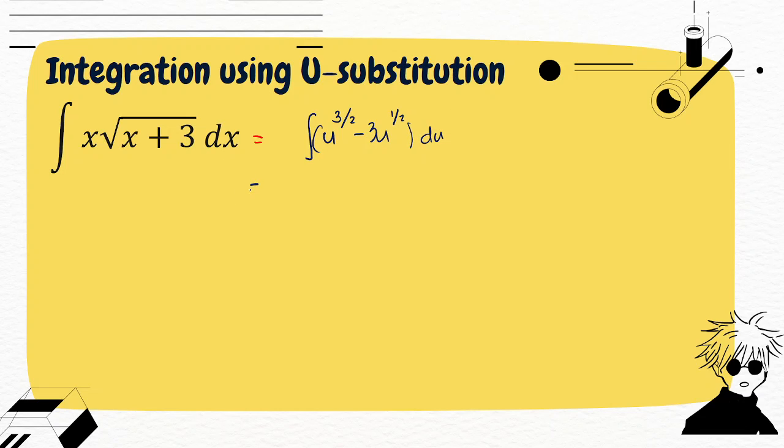Okay? So, pwede ko nang kuhanin yung integral niyan, no? So, pag kinuha ko yung individually integral niyan, kakaroon tayo ng u 3/2 minus integral ng 3 u raised to 1/2 du. Naintindihan?